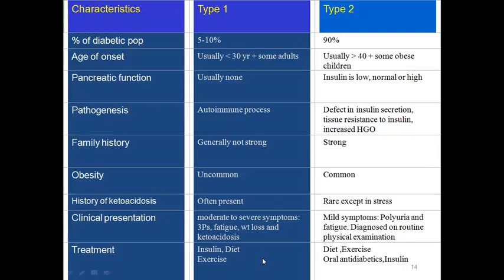Treatment: type 1, insulin, insulin, insulin. There is no other treatment besides insulin. You have to replace insulin in these patients, and then you do the diet and the exercise. In type 2, diet and exercise is the first thing. You have to make them lose their weight. Some people who are at the border, with slightly higher levels, just having the 6.5 HbA1c, which is the cutoff for type 2 diabetes, will improve with diet and exercise.